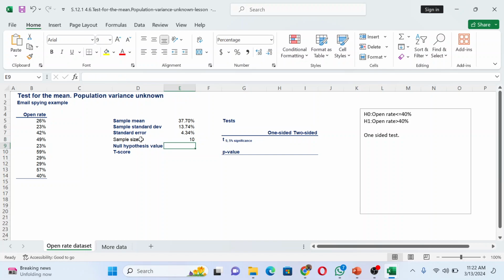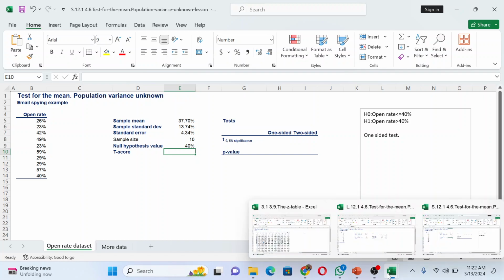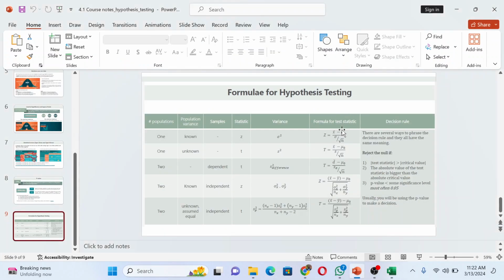So the null hypothesis value is 40%, the average open rate. What are we lacking? Let us calculate the test statistic first, the T, which is the sample mean minus the population mean, divided by the standard error. S divided by the square root of n is the standard error.